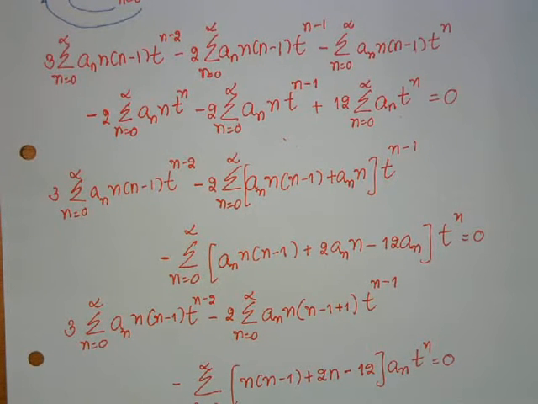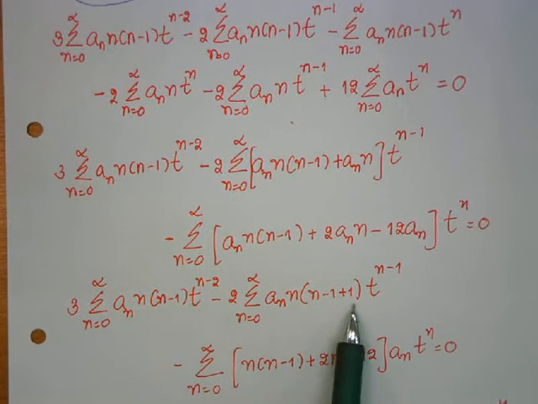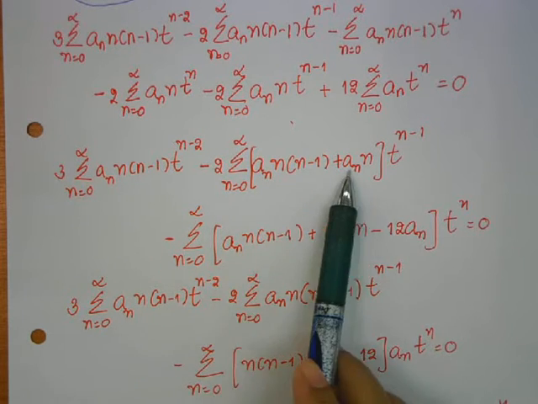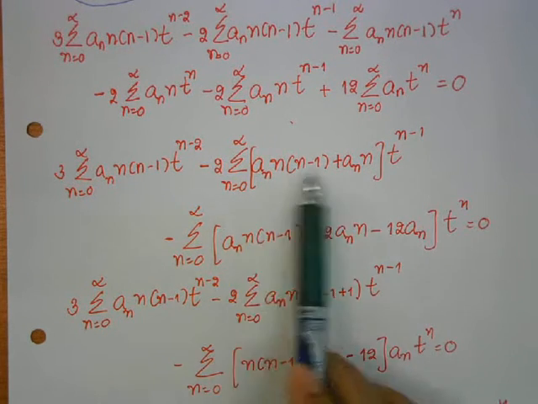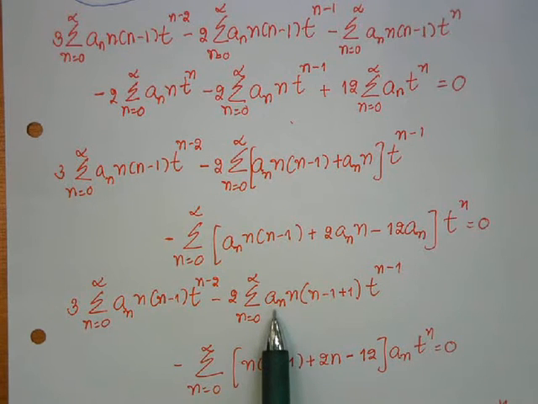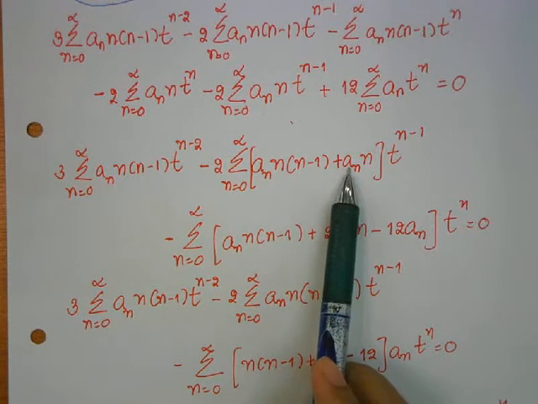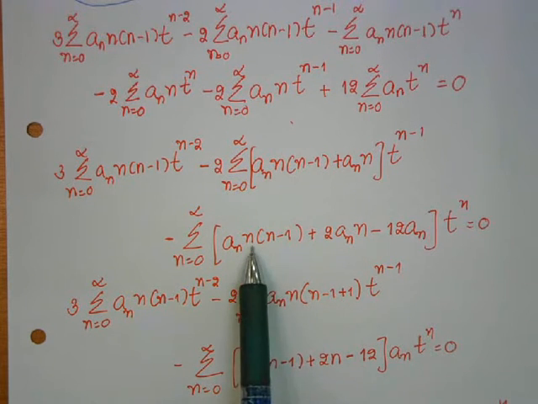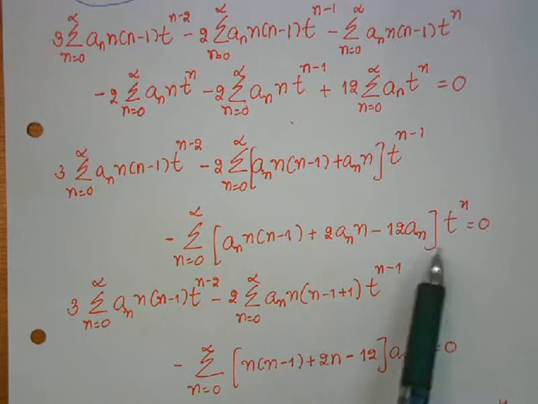Okay, so the next step is to take a look at the terms here. You have a_n and a_n, and you have n here and n there, so you take them out. You would get a_n and n here, and inside you would get n minus 1 plus 1, which is equal to n. And for this one, all three terms have a_n, so you take a_n out.